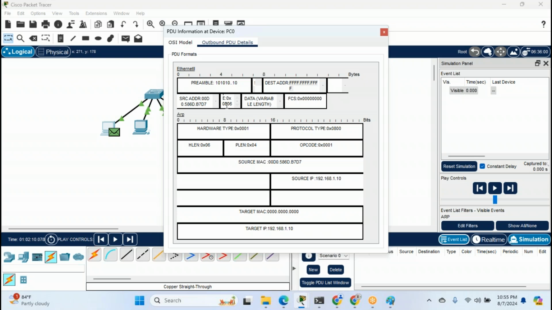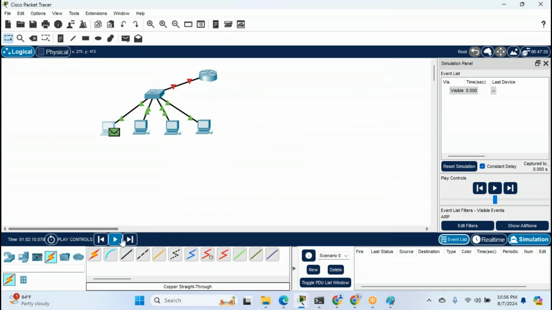And if you look at the type, 0806, that is ARP. Opcode 001 means this is an ARP request. This is the source MAC, sender IP 1.10, target MAC 000, target IP 1.10. So this host is sending an ARP request for its own IPv4 address. This thing is called duplicate address detection.